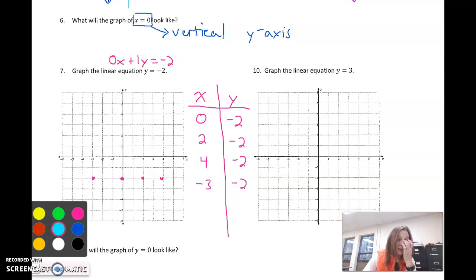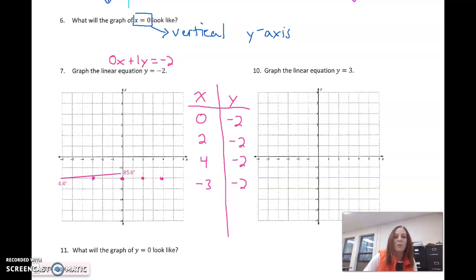Just like with x equals, this is going to be opposite of what we think it should be. Our y-axis is vertical, yet when we have y equals a number, it's going to be a horizontal line. This is like the values of y. So we can't think of it as the y-axis. The y-axis is always going to be vertical. But if your y values are always -2, then it's going to be a horizontal line.